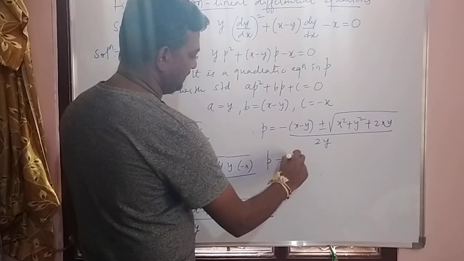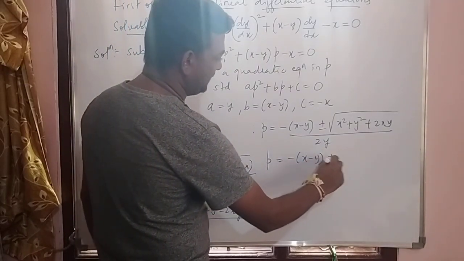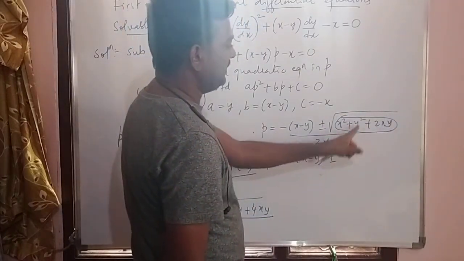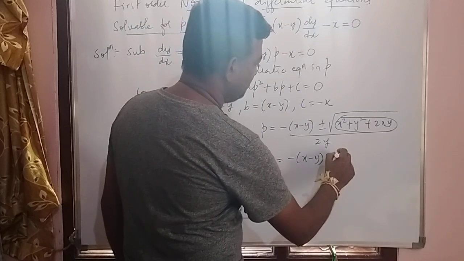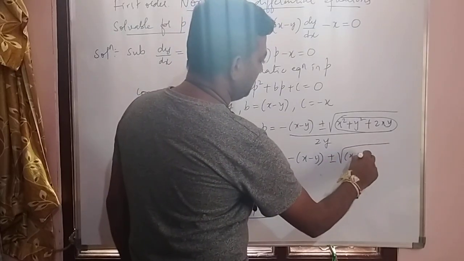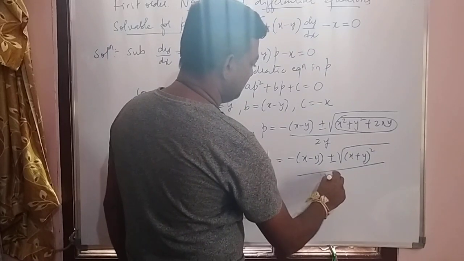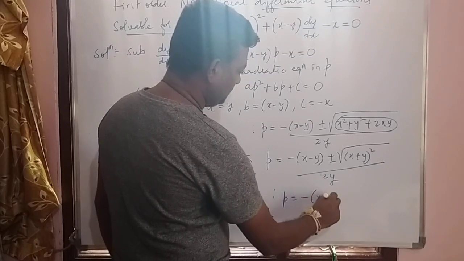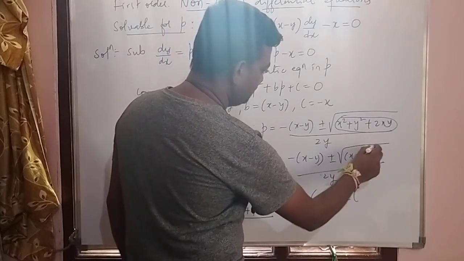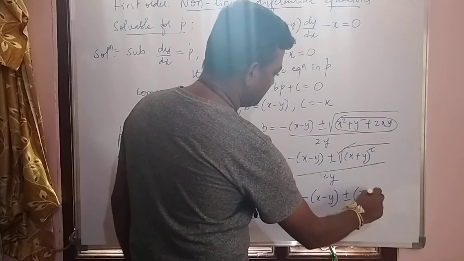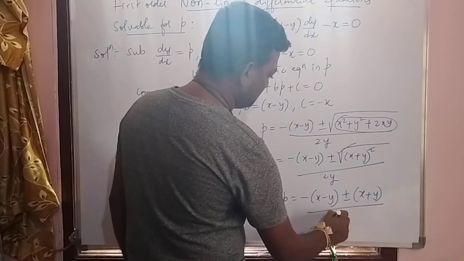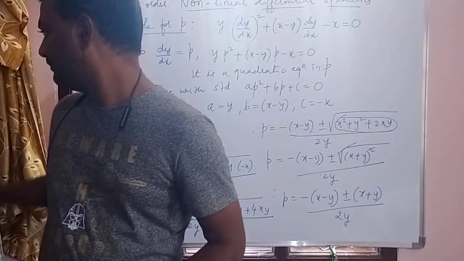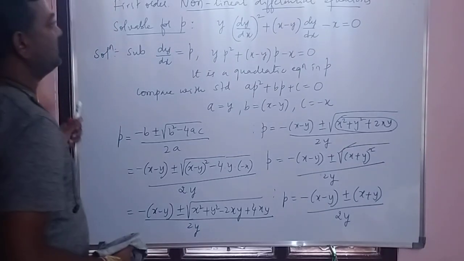So p is equal to minus of (x minus y) plus or minus, inside the square root is again an expansion of (a plus b) whole square, that is (x plus y) whole square, the square root of (x plus y) whole square, divided by 2y. Or p is equal to minus of (x minus y) plus or minus, square and square root get cancelled, you will get (x plus y) divided by 2y. Okay. Further, I am going to cancel this, students.